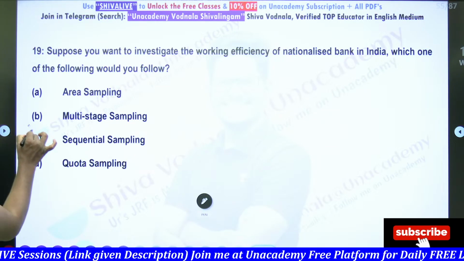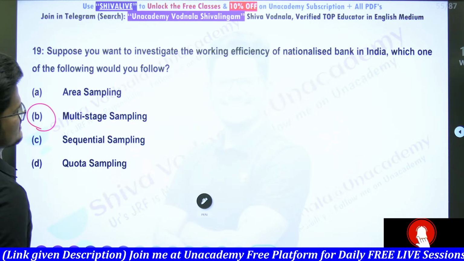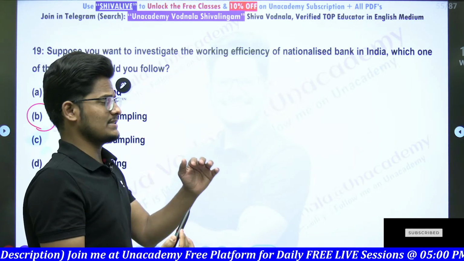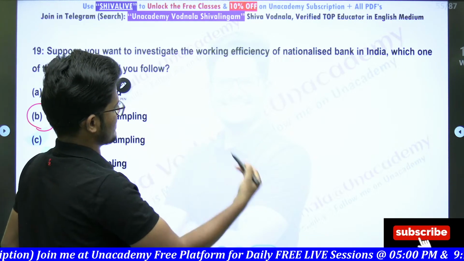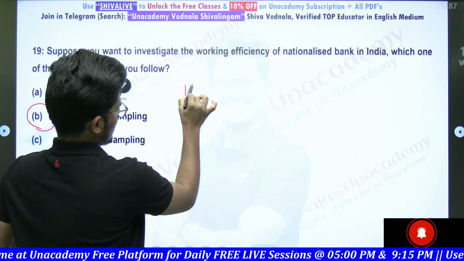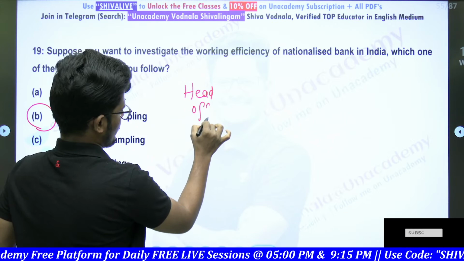Option B is the correct answer, multi-stage sampling. Working efficiency, because why multi-stage? I will tell you. After doing a sampling, again you need to do cluster sampling, because one head office of entire India will be there.